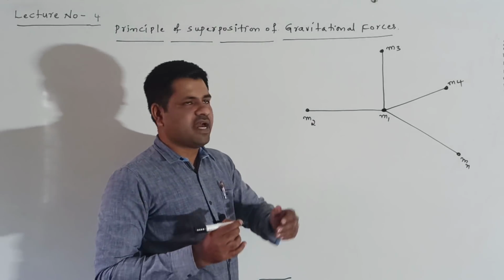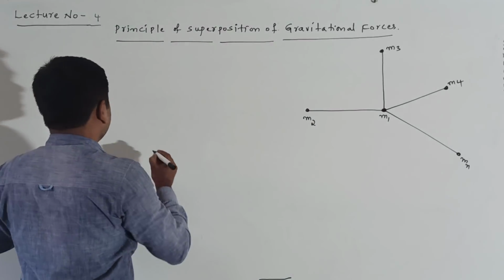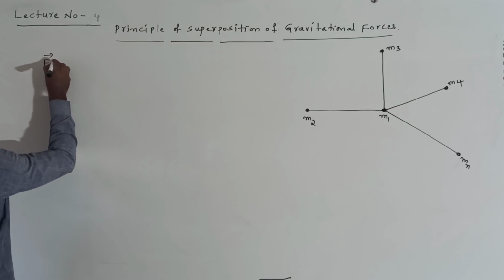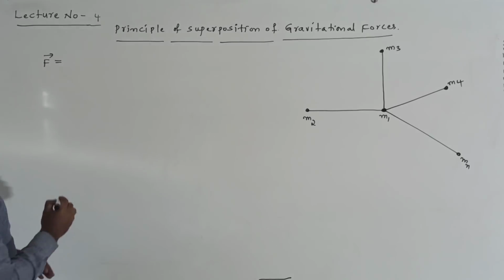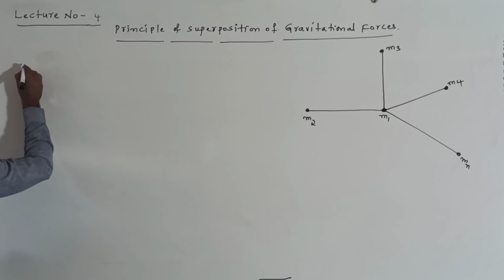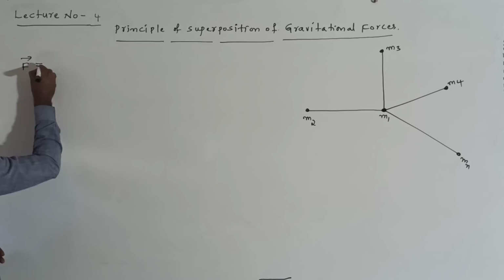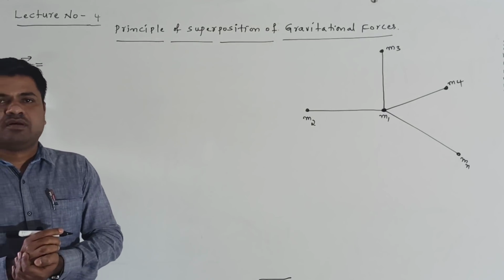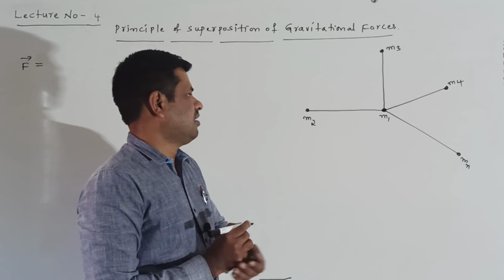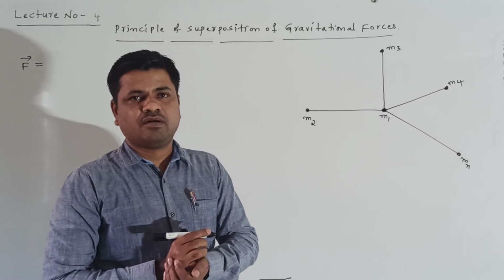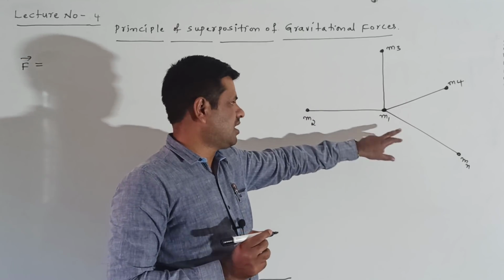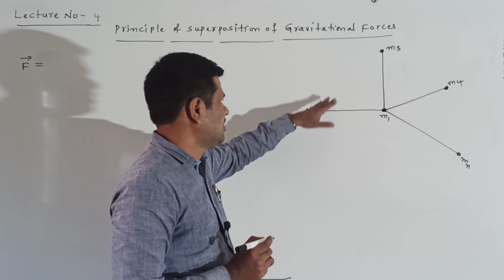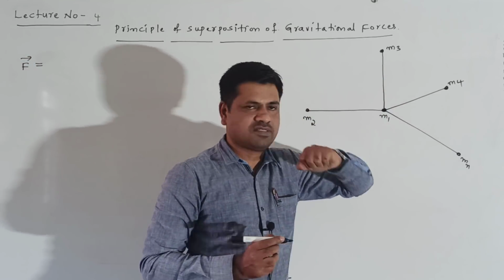The resultant force acting on the M1 mass can be written as the vector sum of the forces acting on the M1 mass due to individual masses, that is, due to M2 mass, M3 mass, M4 mass and M5 mass.